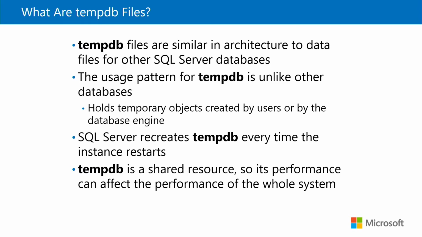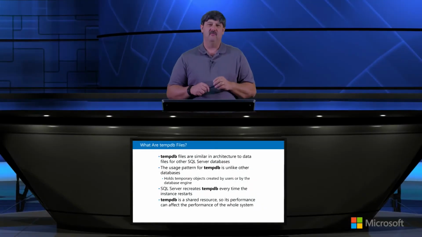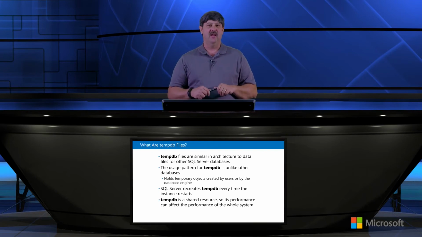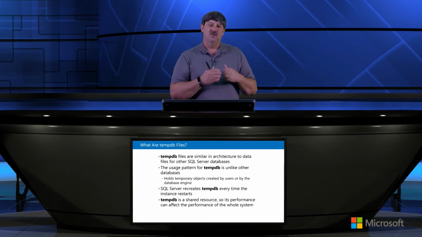Now, in older versions of SQL, somebody at Microsoft came up with a plan, 2000, I believe it was 2000, that you could store TempDB in RAM. And it sounded like a great plan. And if you think about it, you go, wow, yeah, memory is 1,000 times faster than disk. What a plan. The problem that they found was that it actually causes the entire operating environment to slow down.